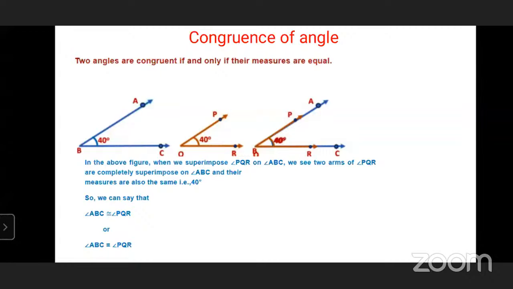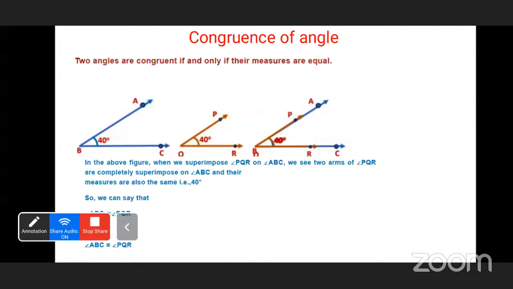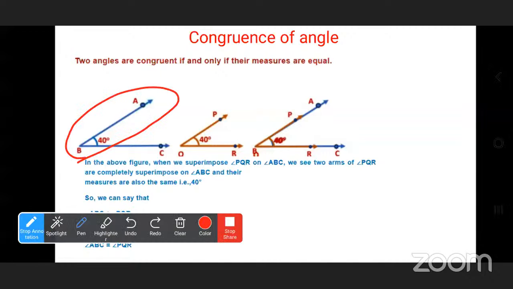The arms of angle ABC are AB and BC. Both are longer than the arms of angle PQR, which are QP and QR.